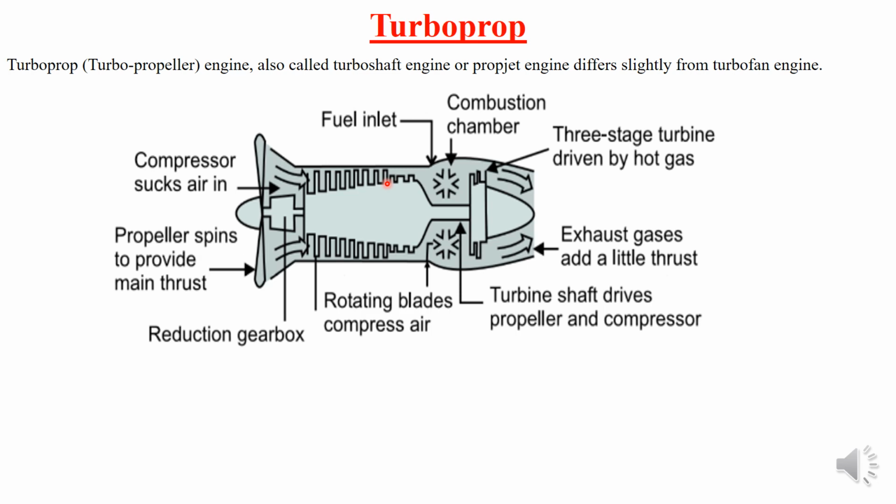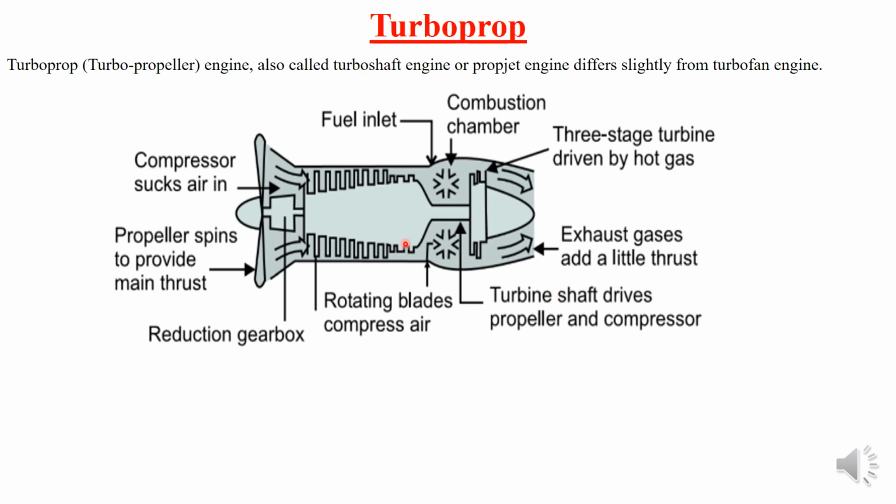This is slightly different from your turbofan engine. It uses the thrust to turn a propeller. There is a thrust force whatever they created, to turn this propeller. Again the basic components remain the same: compressor for compressing the inlet air, then combustion chamber, then the turbine, followed by your exit nozzle.